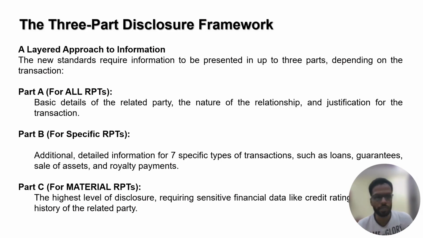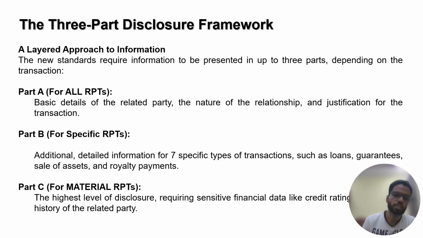So part A covers all RPTs, which means this information needs to be placed irrespective of the size or nature of the transaction. These are quite basic details about the related party that you have to give to the audit committee or the shareholder. Now part B is only for specific RPTs.